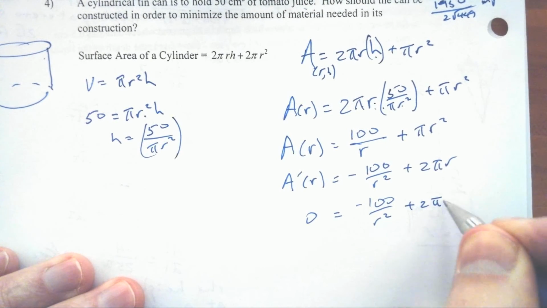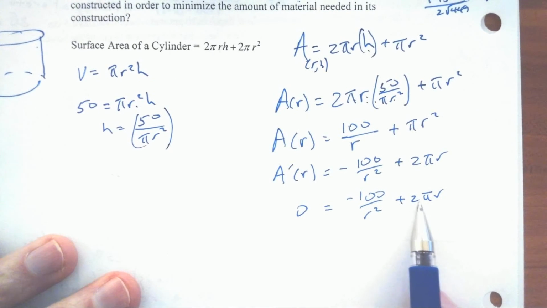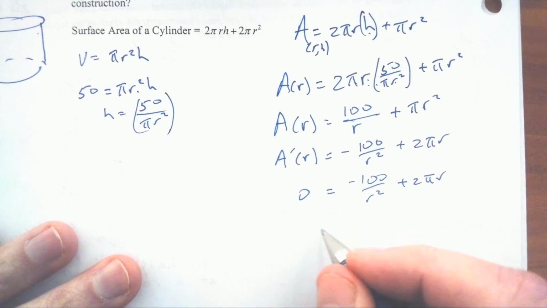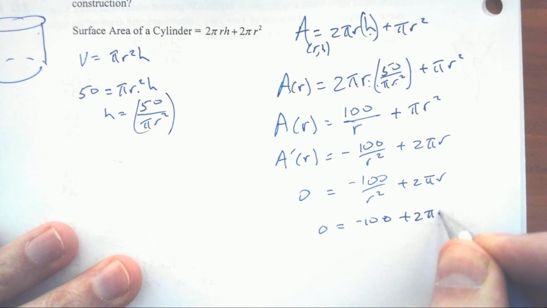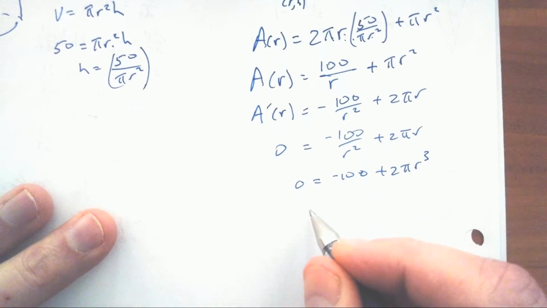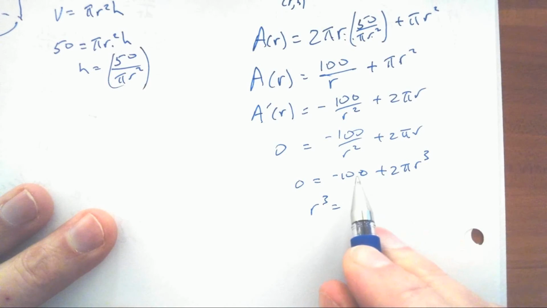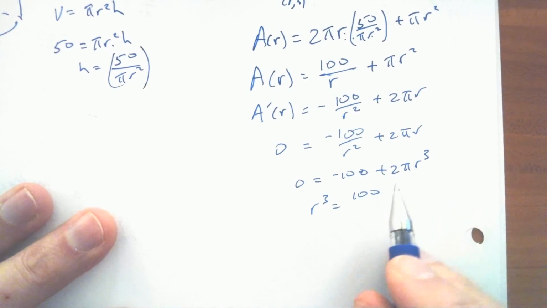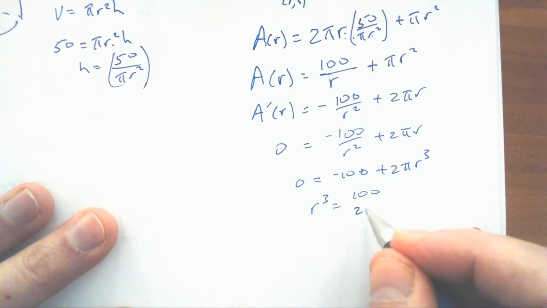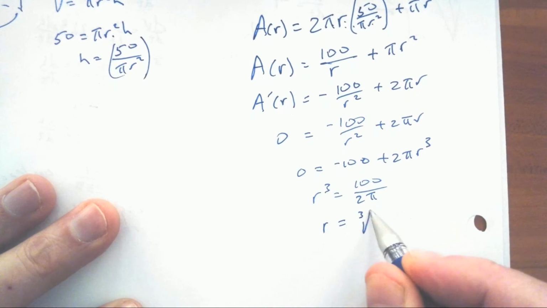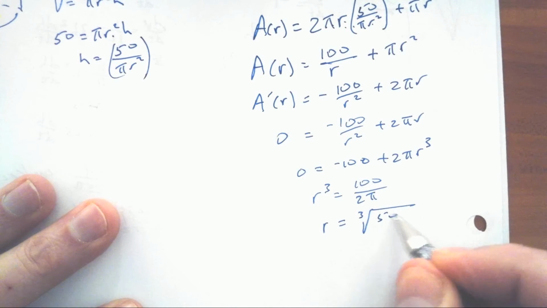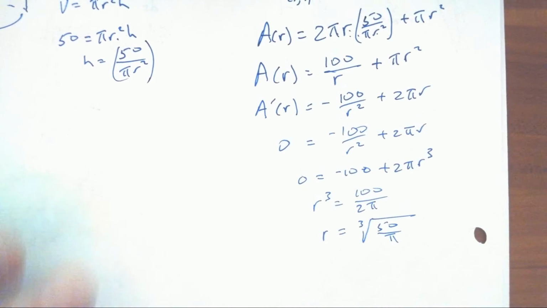Now we're just algebra away. So at this point, I'm going to multiply both sides by r squared, get 4 pi r cubed, and I end up with r cubed equals 100 divided by 4 pi, so r is the third root of 25 over pi.